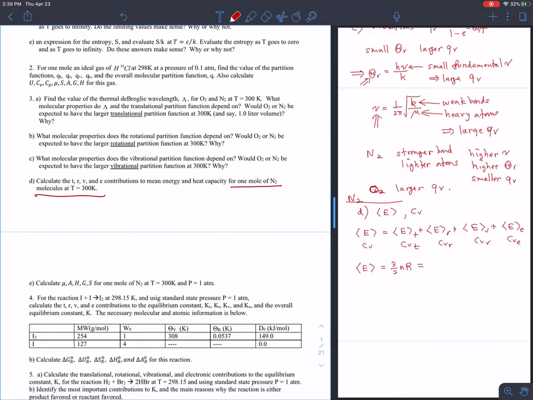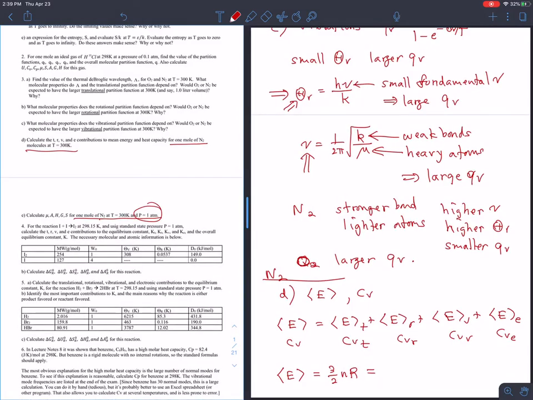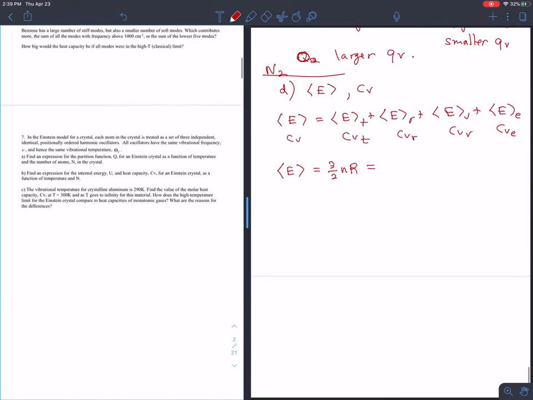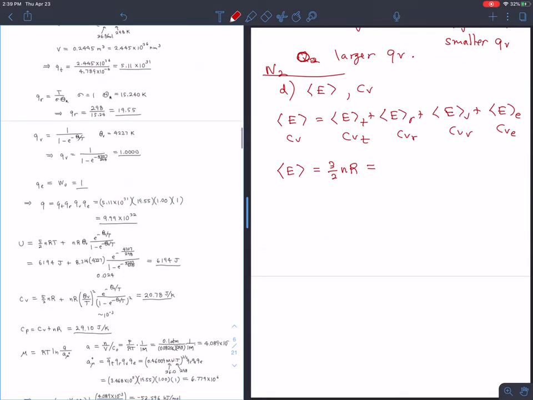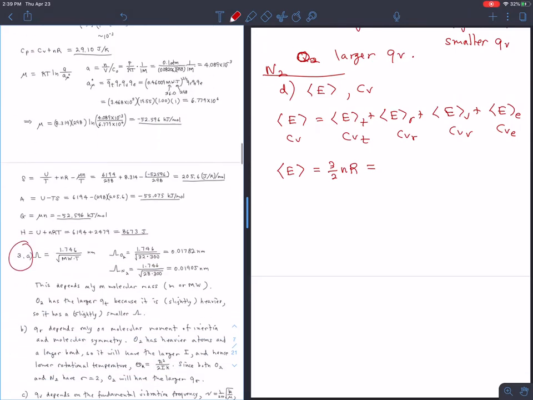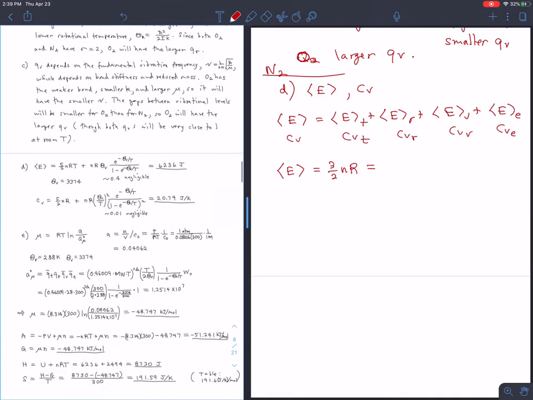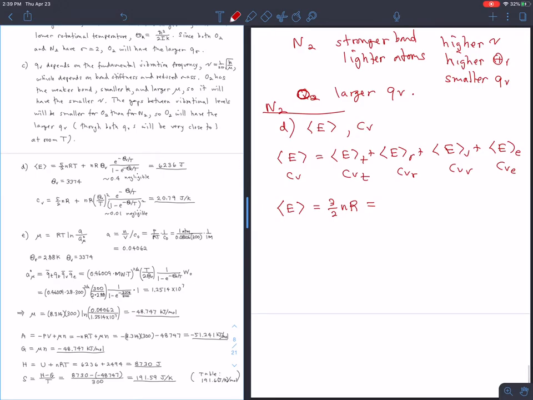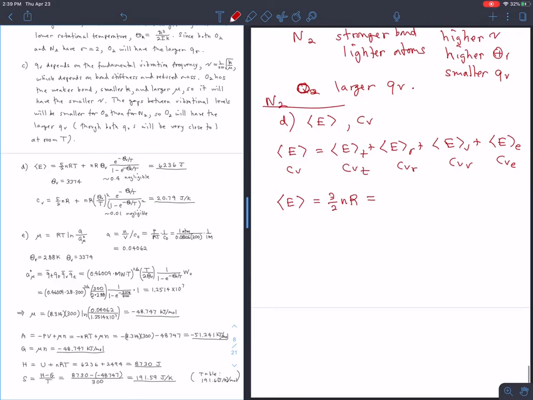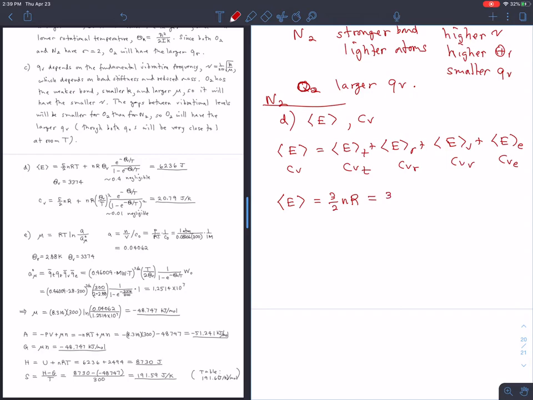And here down below in the next part, it's 1 mole of N2 at 300 K and a pressure of 1 atmosphere. All right. So then N is 1, and we have 3/2 R, which is equal to 12.8, if I remember right.